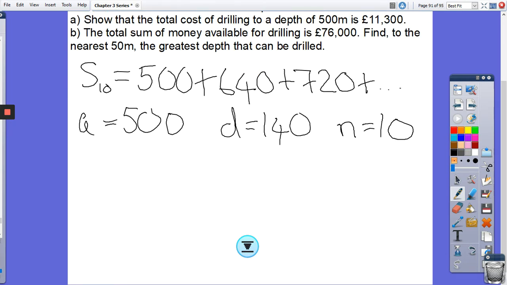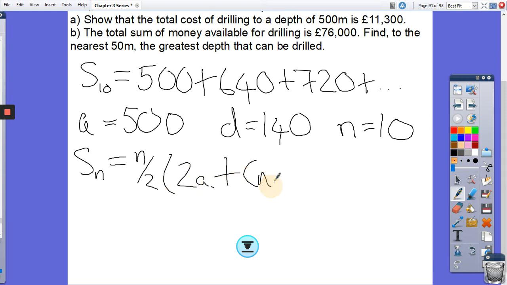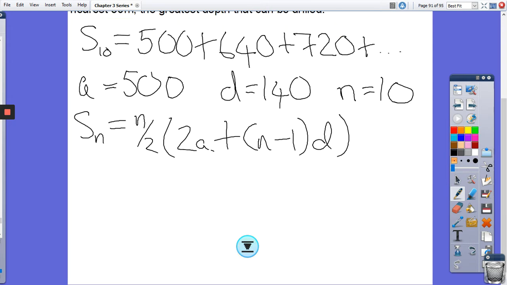So if you remember, the sum of the first n terms of an arithmetic series is n over 2, 2a plus (n minus 1)d. And what we have here is a simple substitution exercise now.